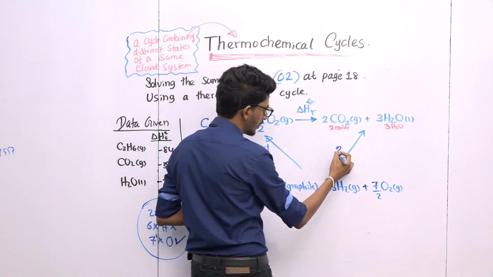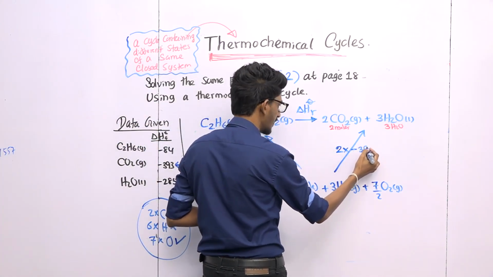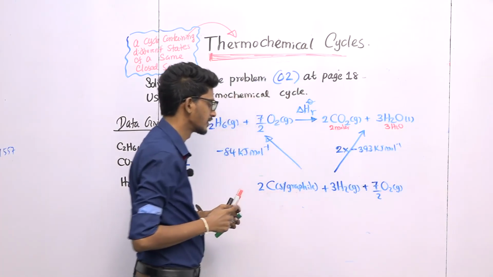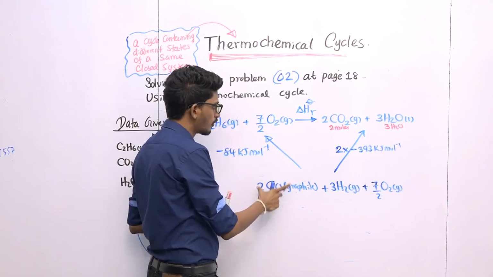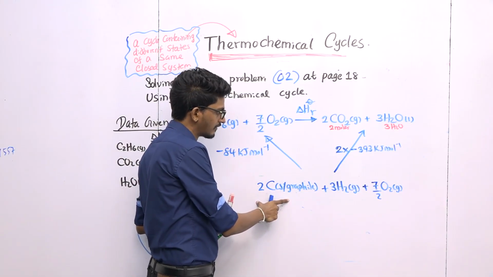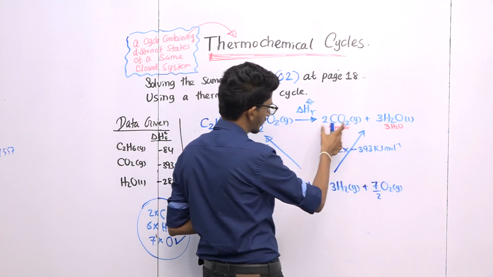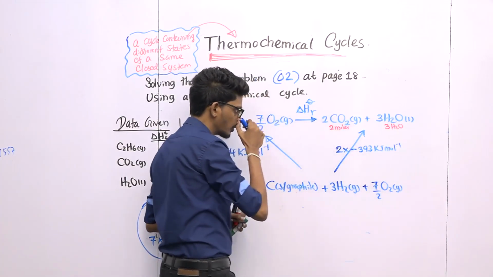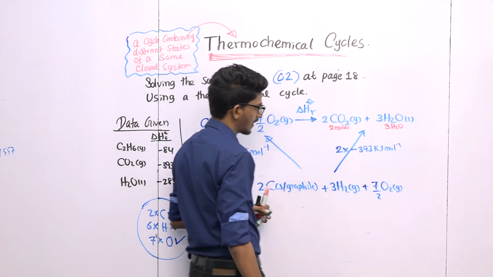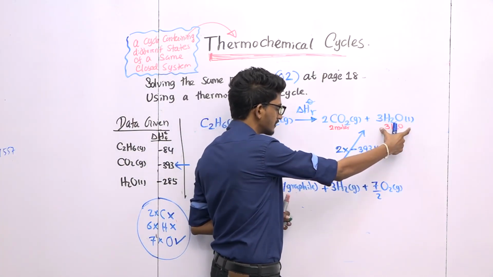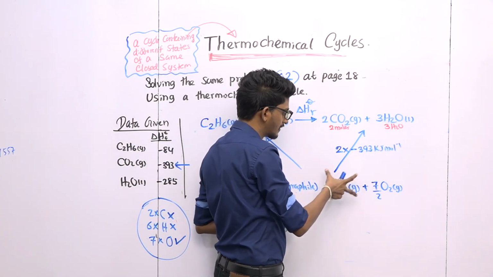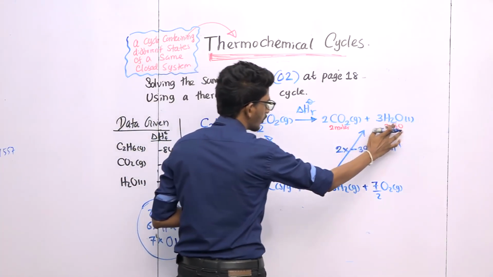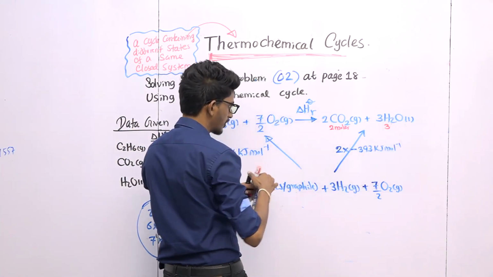That is 2 into minus 393 kilojoules per mole. If you apply this energy change, 2 carbons will combine with 2 O2 gases to produce 2 CO2 gas. And we need to produce this as well to convert this state totally to this state. So for that we need to produce 3 moles of H2O.